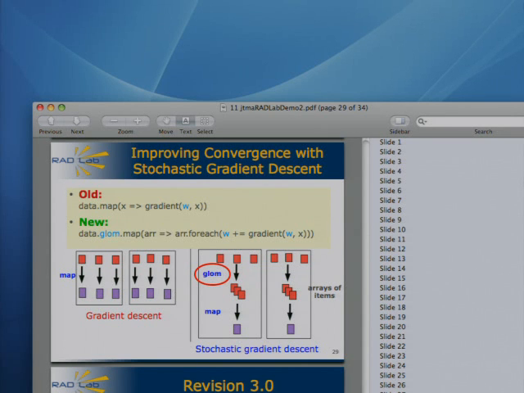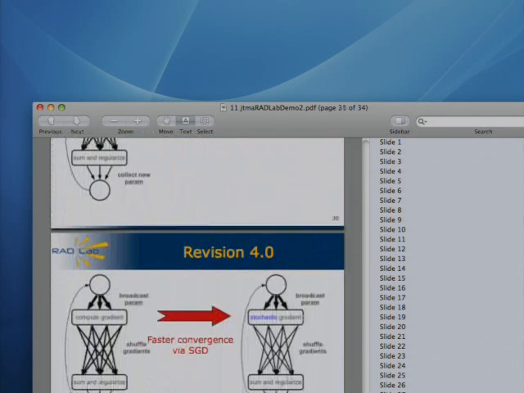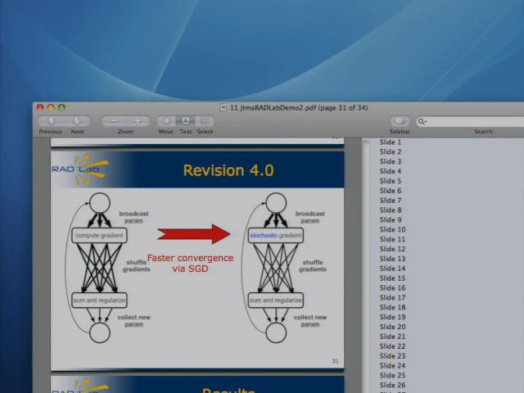That's the essence of stochastic gradient descent. And this actually really improved the convergence rates for our algorithm. And again, Spark's expressiveness made this change pretty straightforward to implement. So finally, this was the final workflow diagram for our implementation.